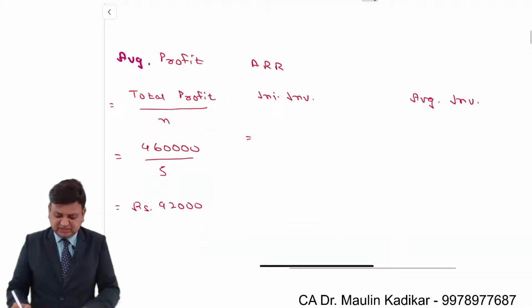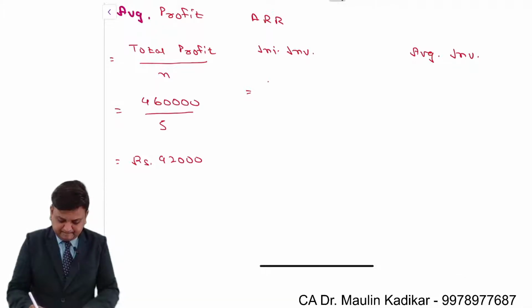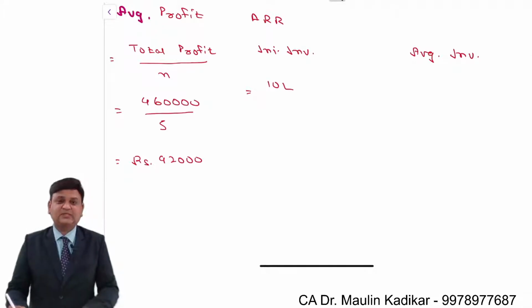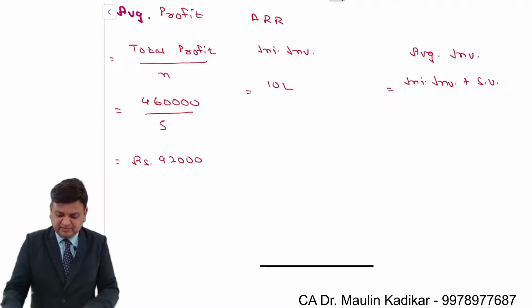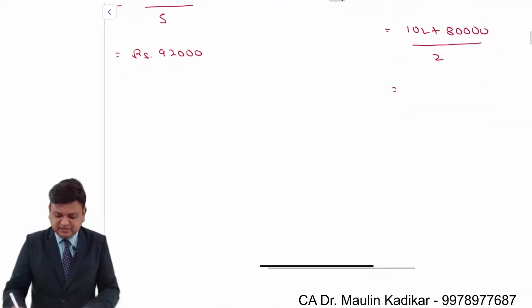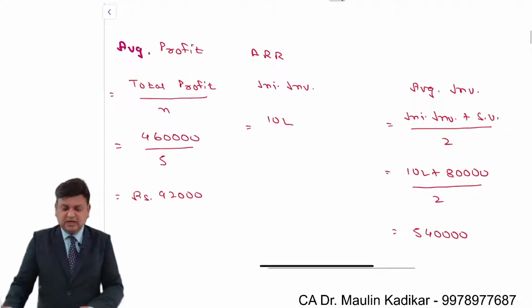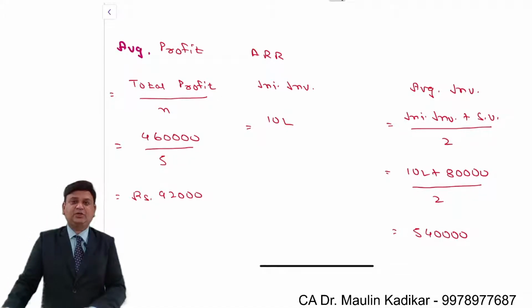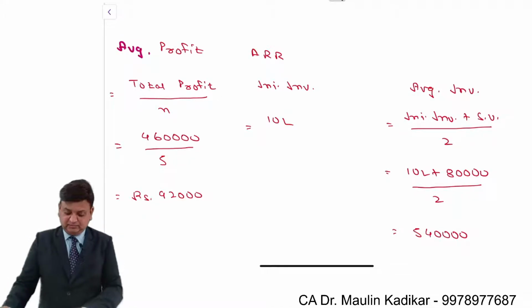And the average investment is the initial investment plus scrap value of the machinery divided by 2. So it is 10 lakhs plus 80,000 divided by 2. So the average investment comes to 5,40,000. This is the way we compute the average investment.